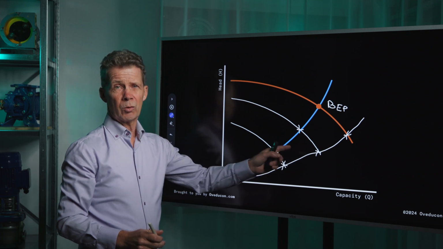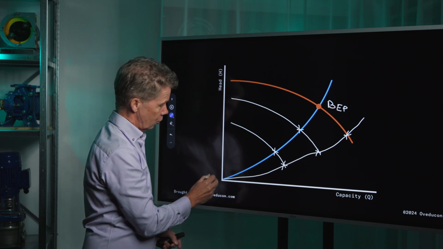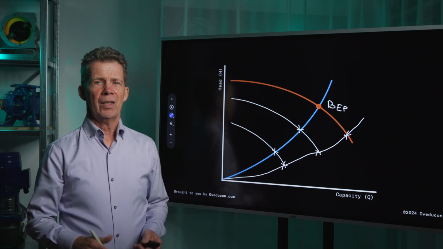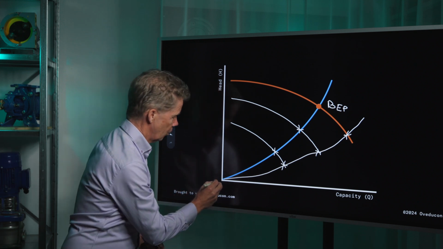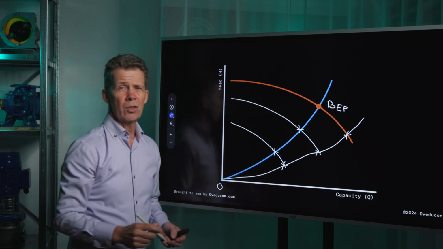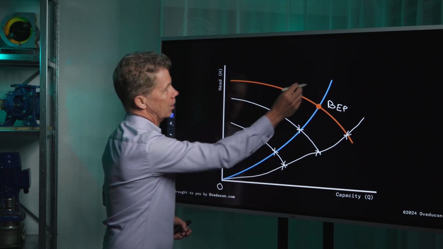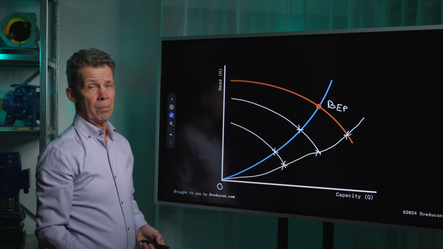So this is what really happens if you have a system curve that starts at 0, and that means that you don't have any static head or end pressure in your pump system. In this example with a system curve starting at 0, so no static head and no end pressure, your efficiency stays the same.